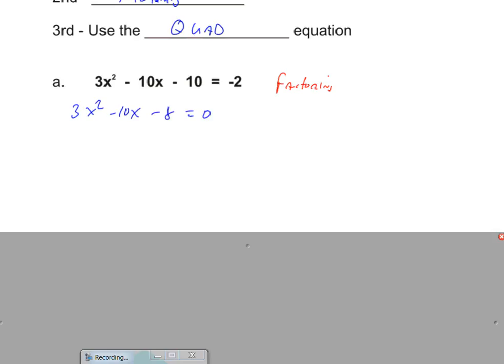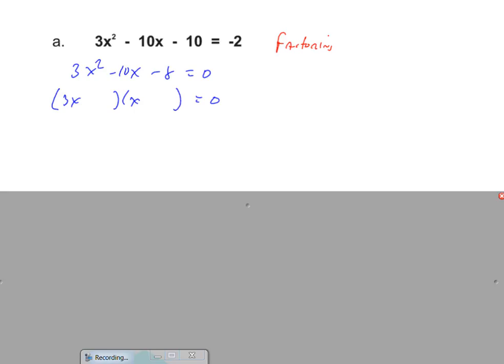All right, you got to get that -2 on the other side. So now we know the front terms have to be 3x and x. All right, hopefully you agree, 3x and x. Now we're looking at the back, and the whole time we're looking at -8. We've got -10x in mind, right? So I got to add up to a -10.